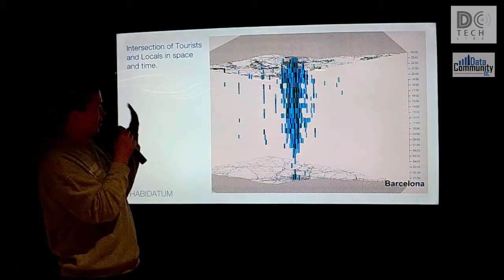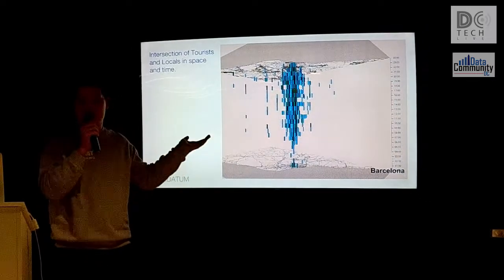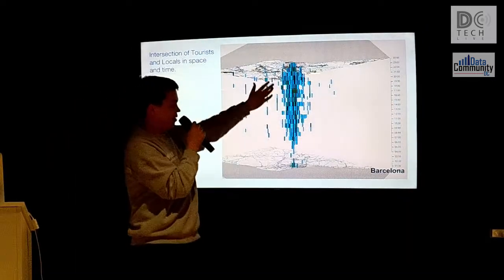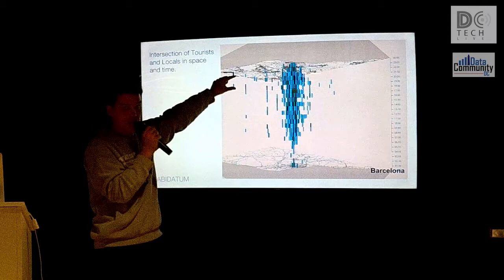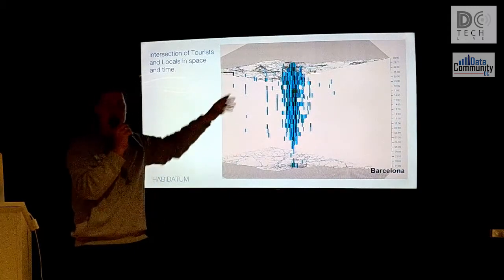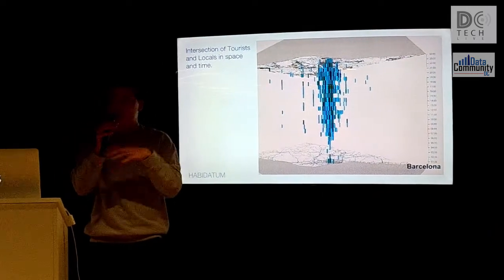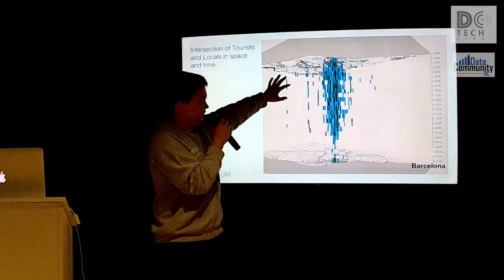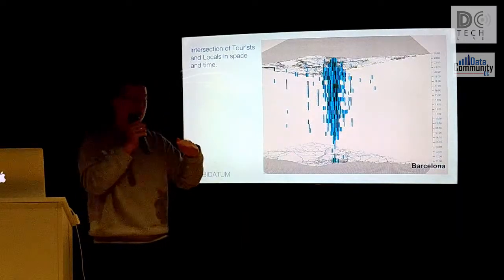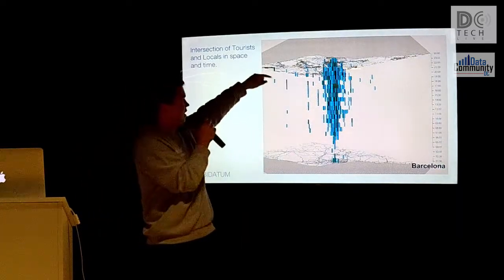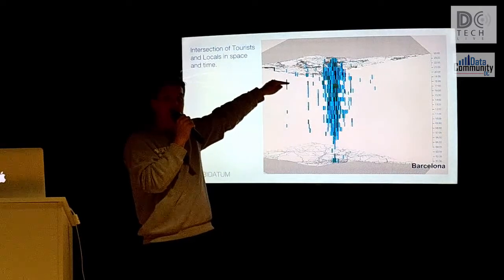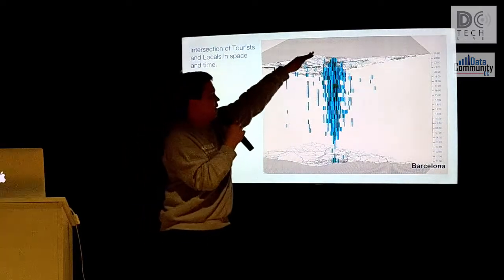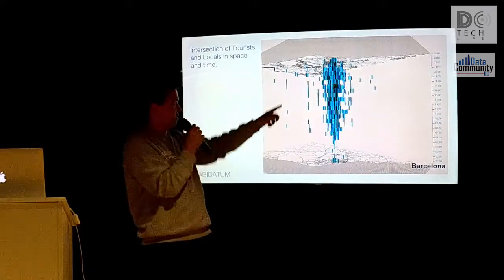The other thing that's also easy to see here is that the center is pretty constant, but in some locations we have bursts of activity of both locals and tourists. And this is something that might be hard to see from above. Because if you look from above, maybe this value is really, really high, and if you just sum up all these values, it would be the same as here.